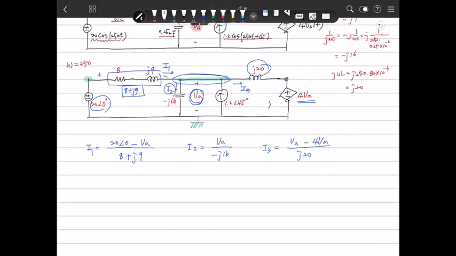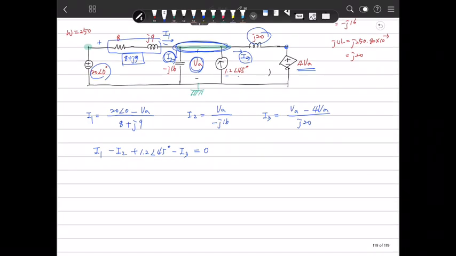So based on this node, we can make a KCL. I write I1, minus I2 going out from the node, and this current is going into the node, plus 1.2 at 45 degrees, and this I3 is going out, minus I3 is 0. So next, we apply the values.